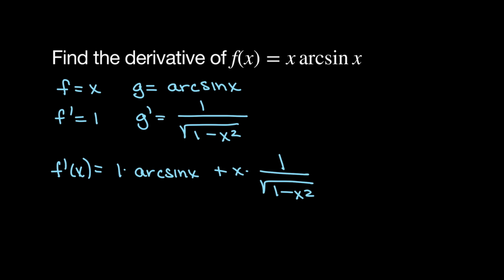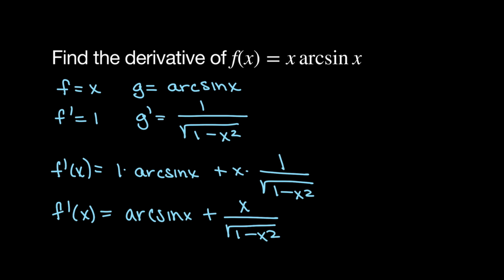So putting this into my product rule, I have to take f prime times g plus g prime times f. So I got 1 times arc sine of x plus x times 1 over square root of 1 minus x squared. I would probably just rewrite that as arc sine of x plus x divided by square root of 1 minus x squared. All right, let's look at one more.